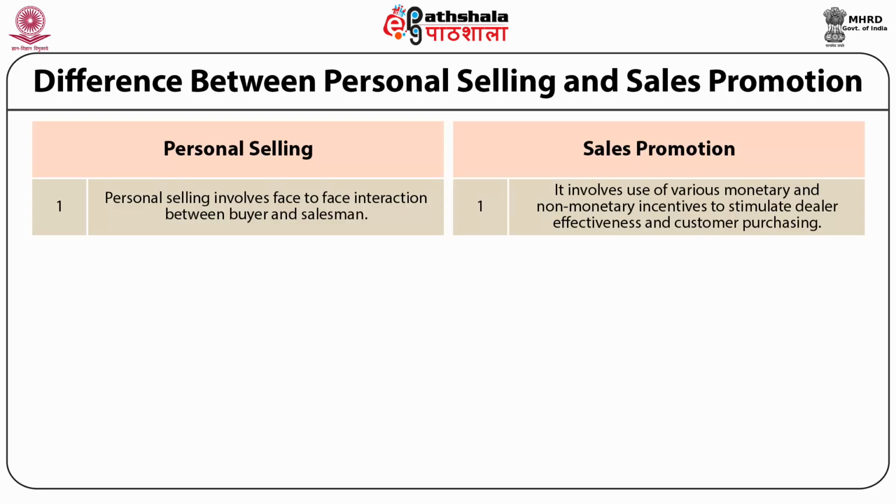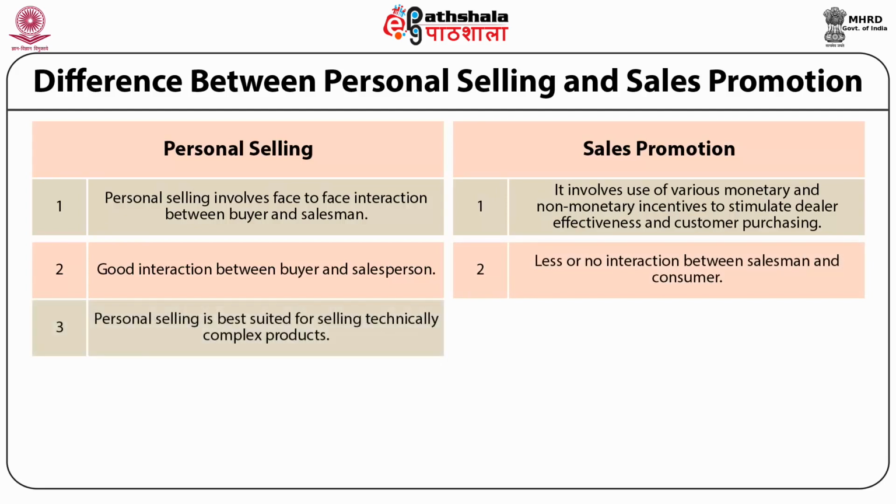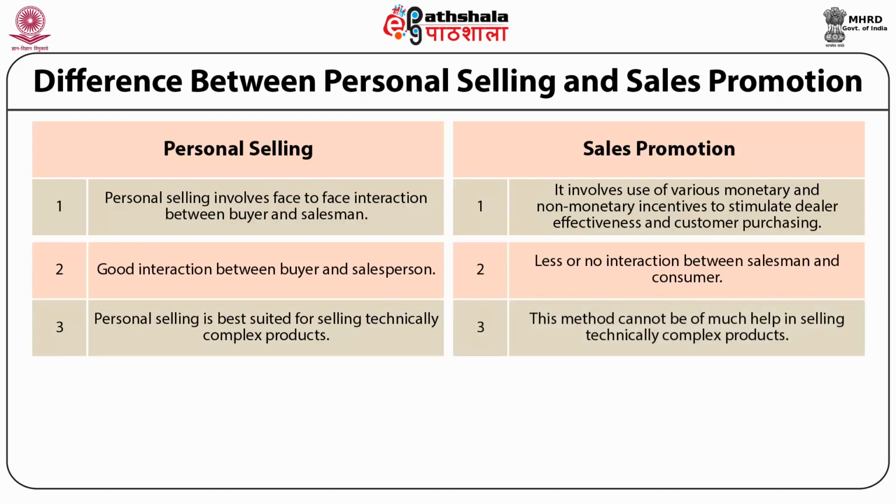In personal selling, there is good interaction between buyer and salesperson. However, in case of sales promotion, there is less or rather no interaction between salesman and consumer. Personal selling is best suited for selling technically complex products. However, sales promotion method cannot be of much help in selling technically complex products.